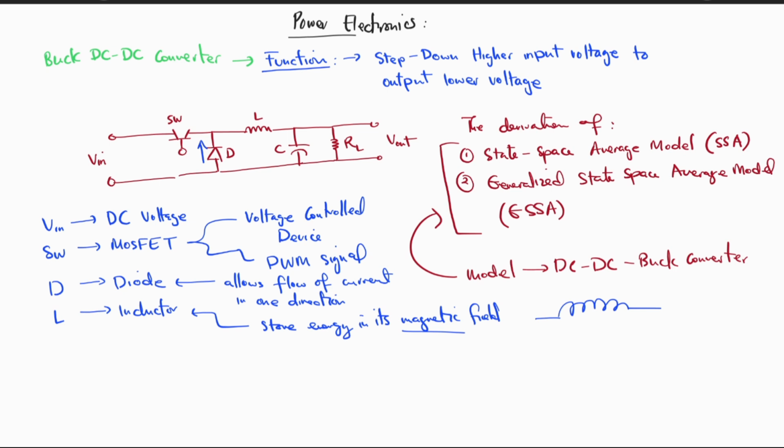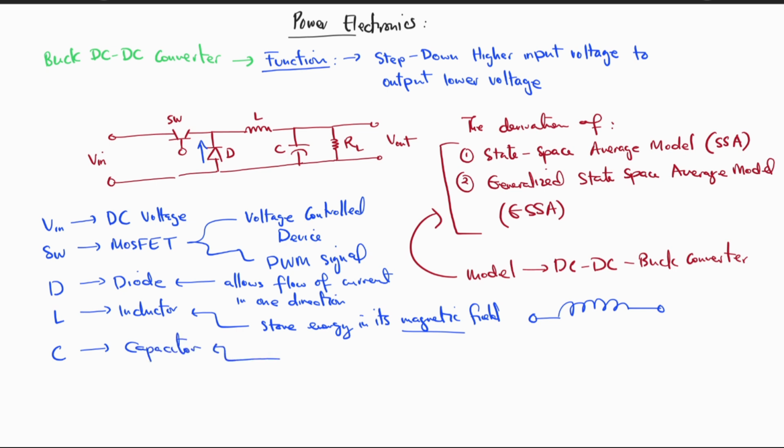An electric field can be found in an atom, where we have the force that bonds the electrons of an atom with its nucleus, and this type of field is known as an electric field. However, in an inductor like this, we normally have the magnetic field, and this magnetic field is responsible for storing the electrical energy.